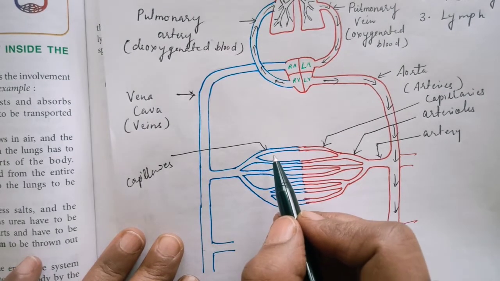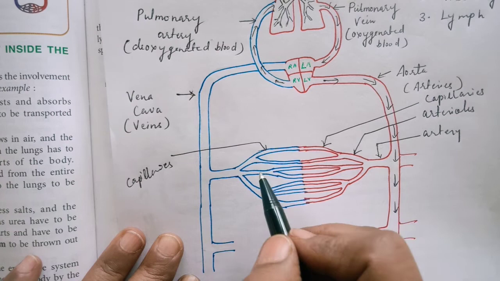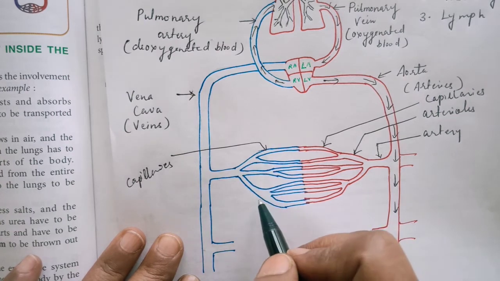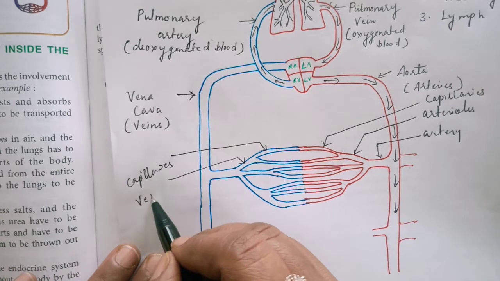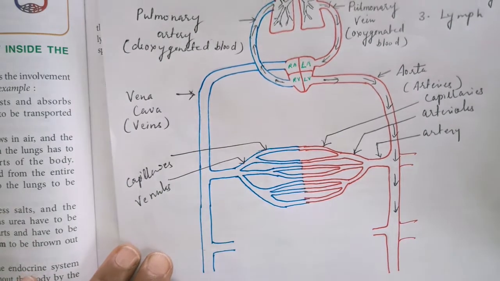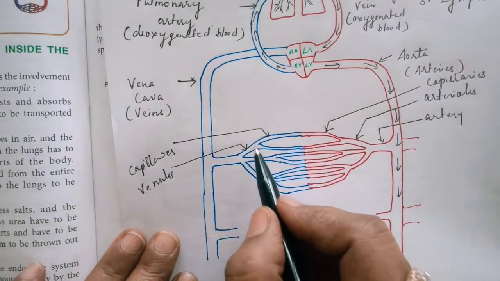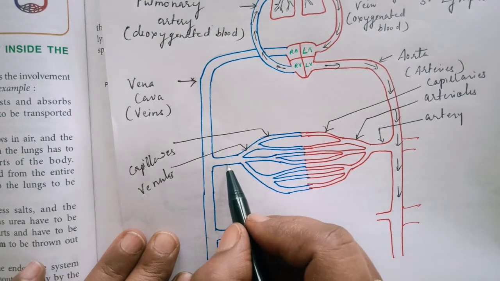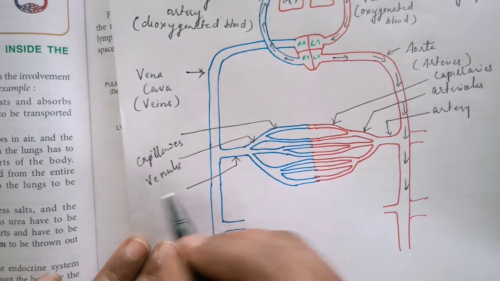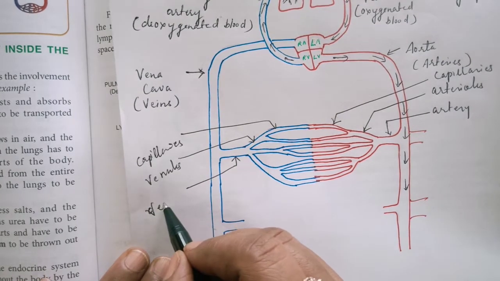These capillaries reunite to form another category of blood vessel, which are known as venules. These venules again reunite. We can see here three venules are there. These venules again reunite and they form another structure which is known as the vein.